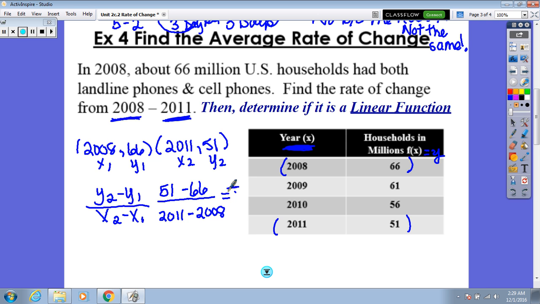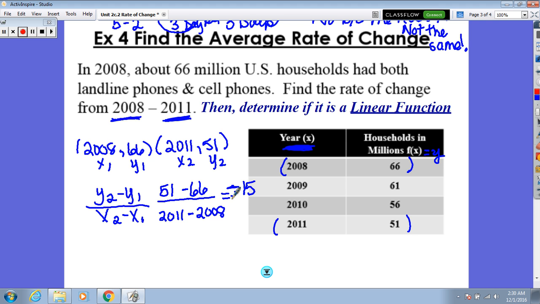Okay, negative 15, which makes sense because we're taking a bigger number from a smaller number. So we did this correctly. On the bottom, we subtract 2011 minus 2008, and we get 3. Which means that our total rate of change here is negative 5. Okay? So what does the negative 5 mean?